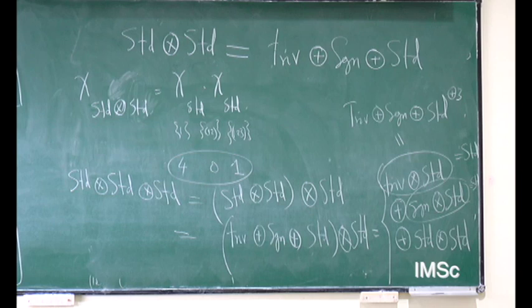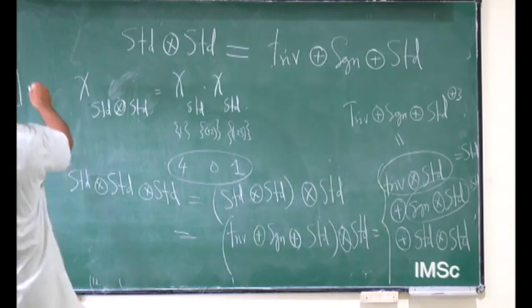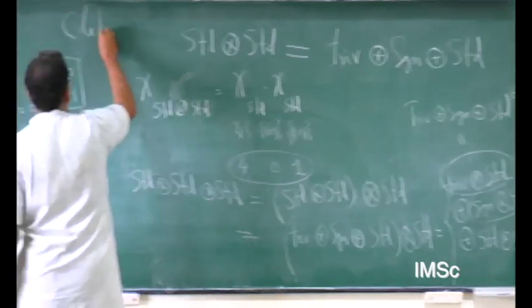Okay, so it's a calculus. You can make these computations. In the notes that I gave you, there is something called Clebsch-Gordon. It goes by the names of mathematicians, I guess.